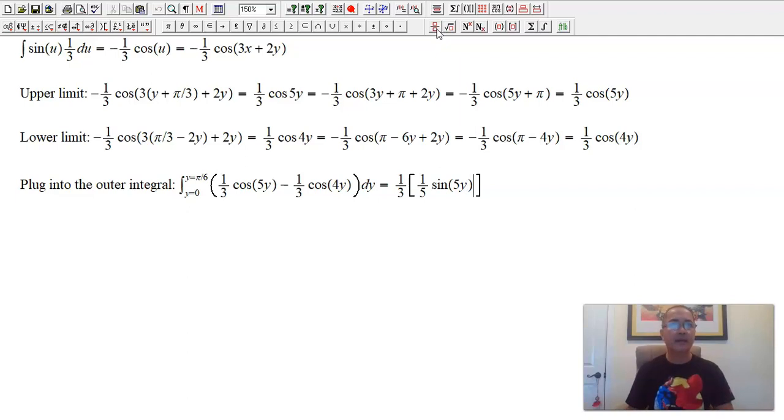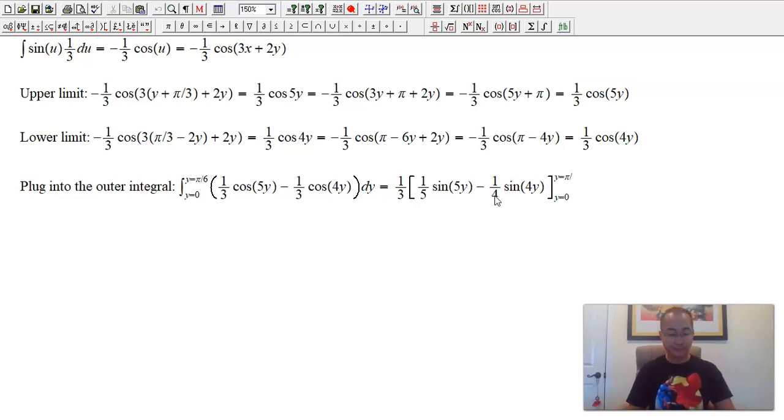Okay, and then we have minus, similarly, we are going to get 1/4 sine of 4y. So let's make that a 4 and a 4. Evaluated from y equals 0 to y equals pi over 6. Okay, does everything disappear at 0?